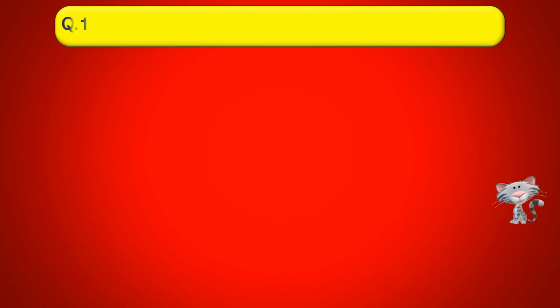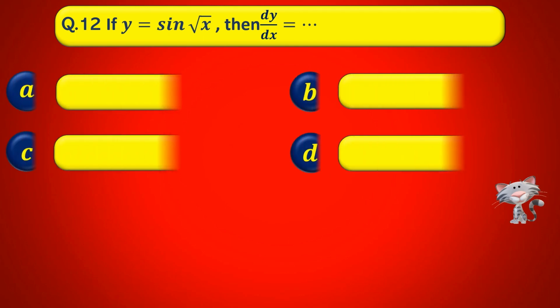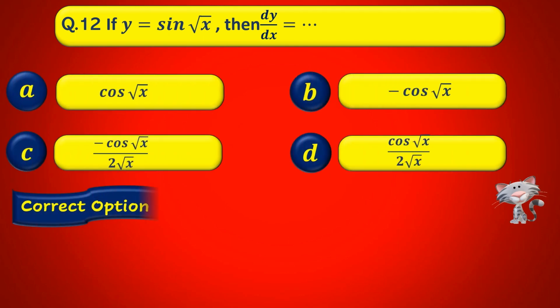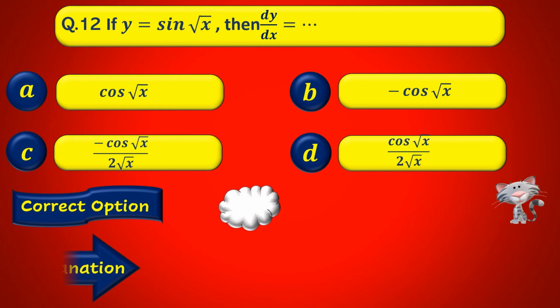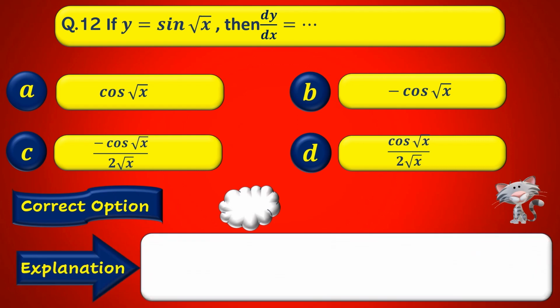Question number 12. If y is equal to sine of square root of x, then dy by dx is equal to, and the options are given. What is the correct option? Let's explain it. The derivative of sine of square root of x is cos of square root of x into the derivative of square root of x.